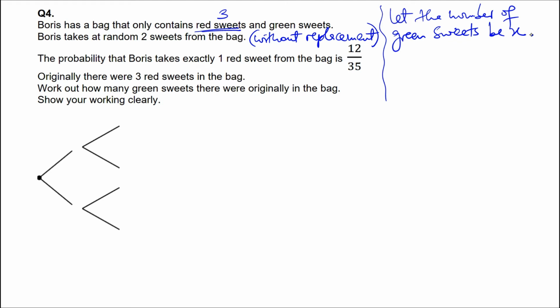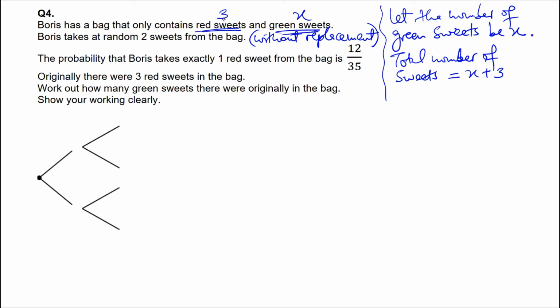So the total number of sweets in the beginning will be x plus 3, because the greens are x and the reds are 3.